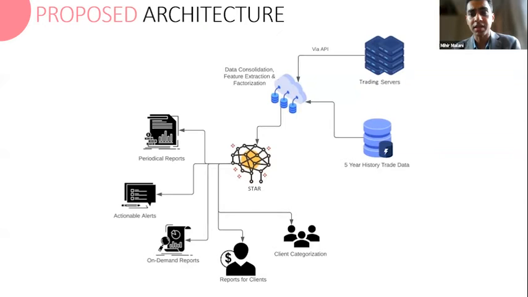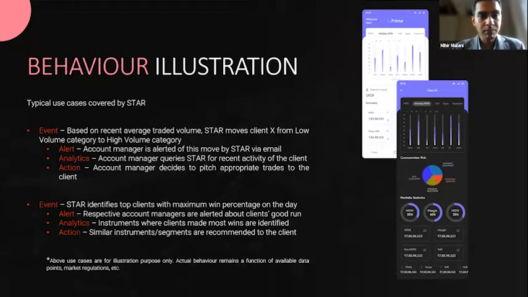This is more or less the structure. We'll have the historical data and the live data being fed into the consolidation and feature extraction algorithm. From there, it feeds data or decisions into STAR, and from STAR, they are sent out to individual clients as well as account managers and even other sections or other departments within the bank. Just giving you a couple of illustrations here.